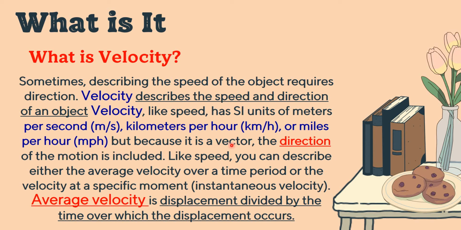But because it is a vector, the direction of the motion is included. Like speed, you can describe either the average velocity over a time period or the velocity at a specific moment, or instantaneous velocity. Average velocity is displacement divided by the time in which displacement occurs.